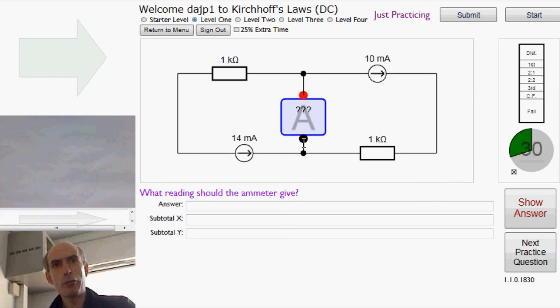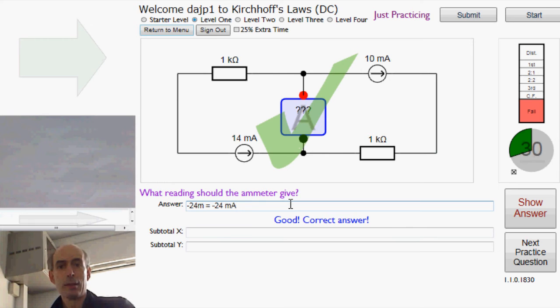So we've got 24 milliamps flowing up from the black to the red terminal of the ammeter. But ammeters measure current from the red to the black. And this one has got 24 milliamps going from the black to the red, which is the other direction, so it would actually read minus 24 milliamps. And so on. Right, over to you.